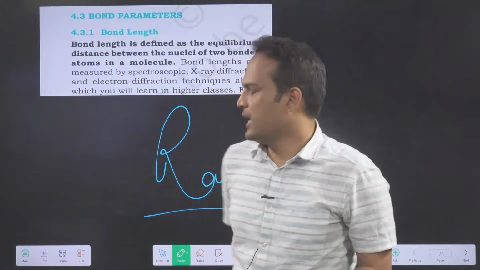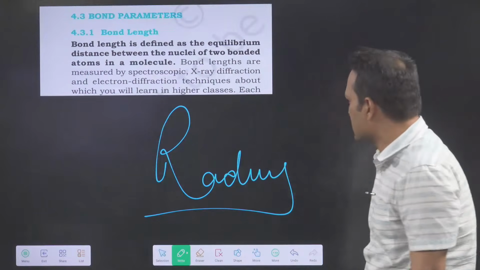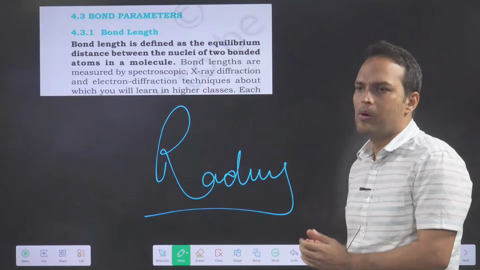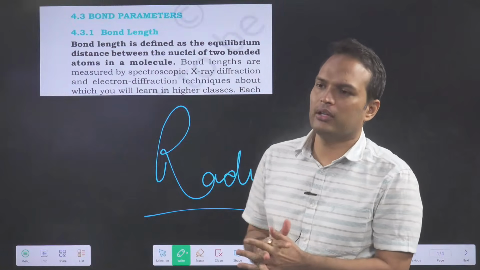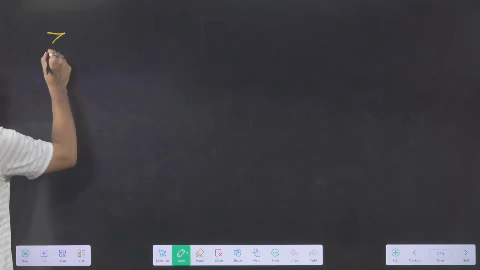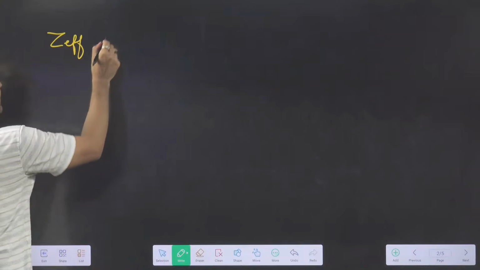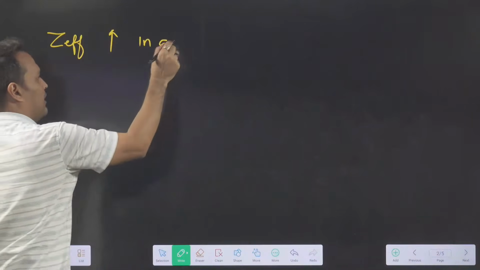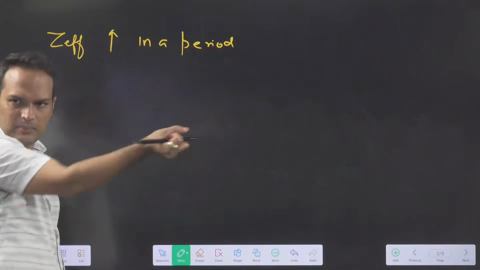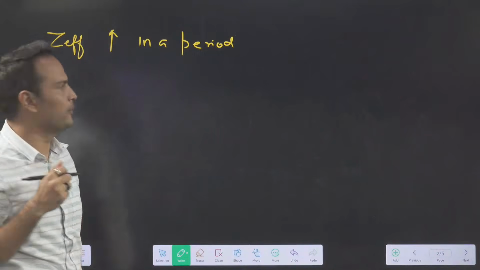Okay, so let's start. In the last class, the last point we were trying to write was that Z effective in a period increases, correct? Last time we wrote that Z effective increases in a period, and if Z effective increases in a period, Z effective is pulling.